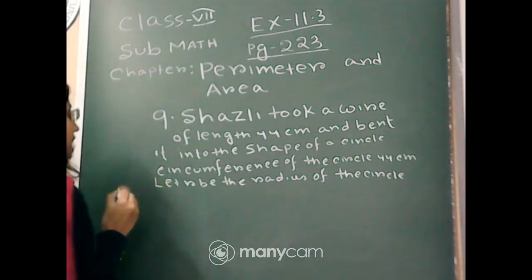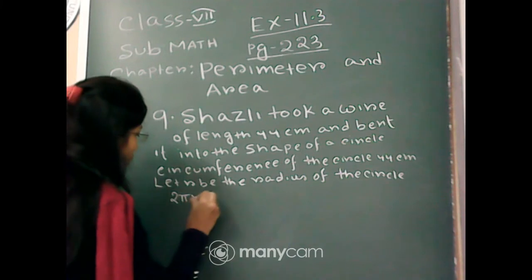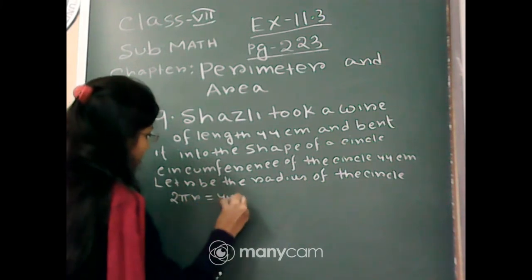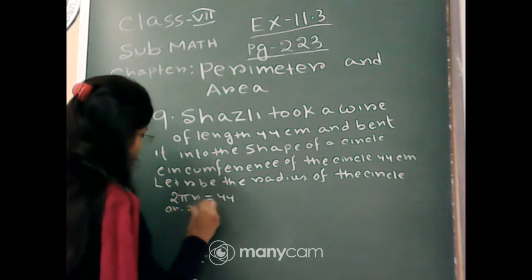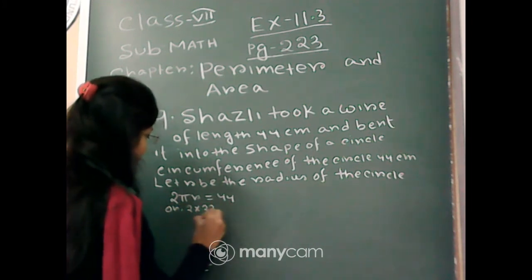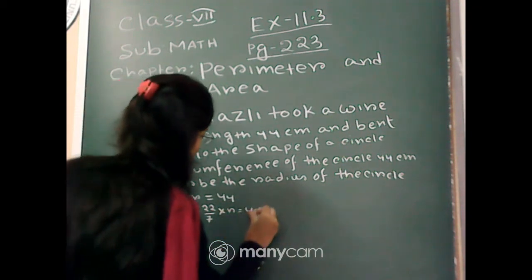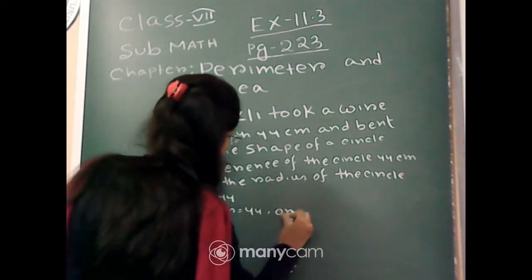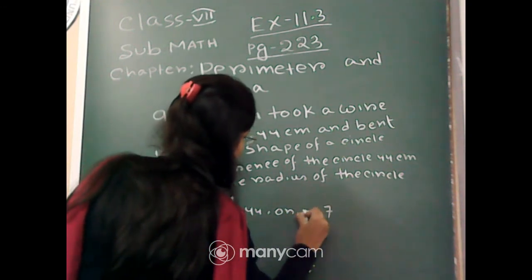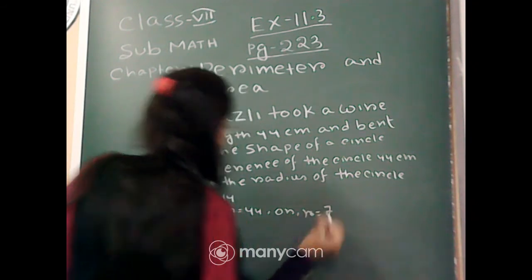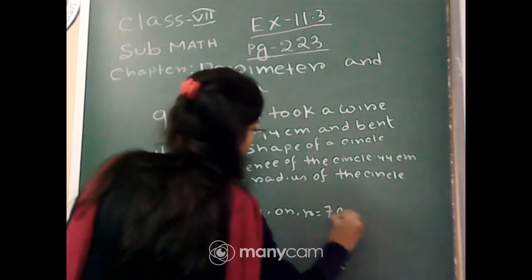Therefore, circumference 2πr is equal to 44, or 2 × 22/7 × r is equal to 44, or r is equal to 7. Therefore, the radius of the circle is 7 cm.